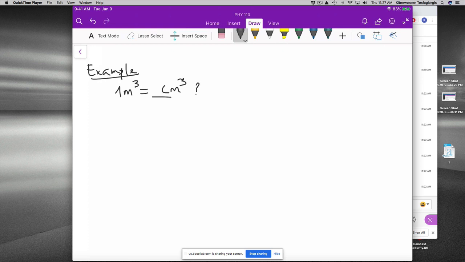Sometimes what you can also see is which one is a larger unit. Is meter larger than a centimeter? Yes, it is. So when you do your unit conversions, try to remember that centi is a smaller value, so the meter has to be a larger value. So your answer in this particular case should be more than one, right?